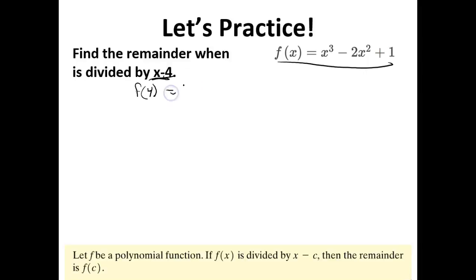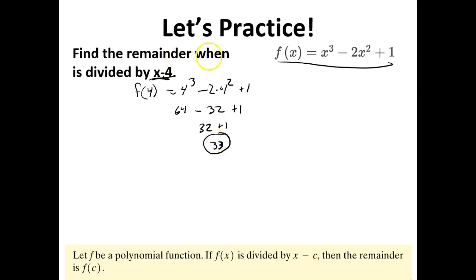So if we put 4 into the function, we would have 4 to the third minus 2 times 4 squared plus 1, which is 64 minus 32 plus 1. 64 minus 32 is 32, plus 1, 33. So our answer here would be 33.